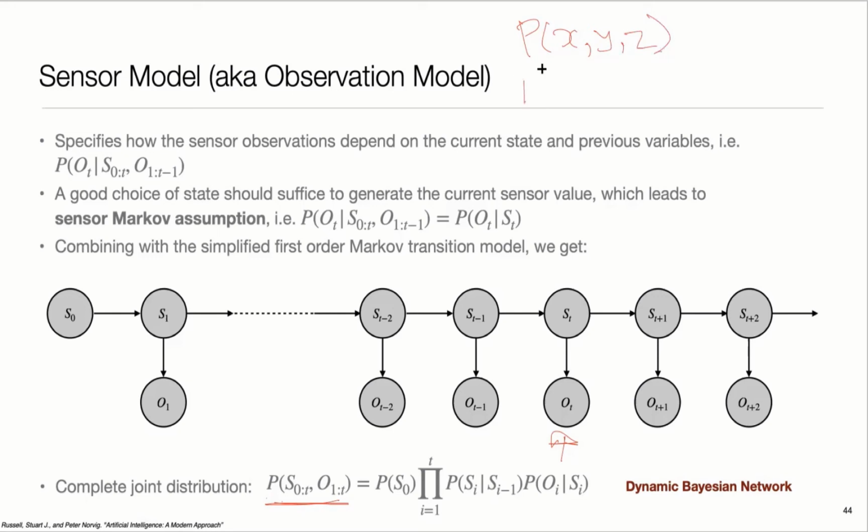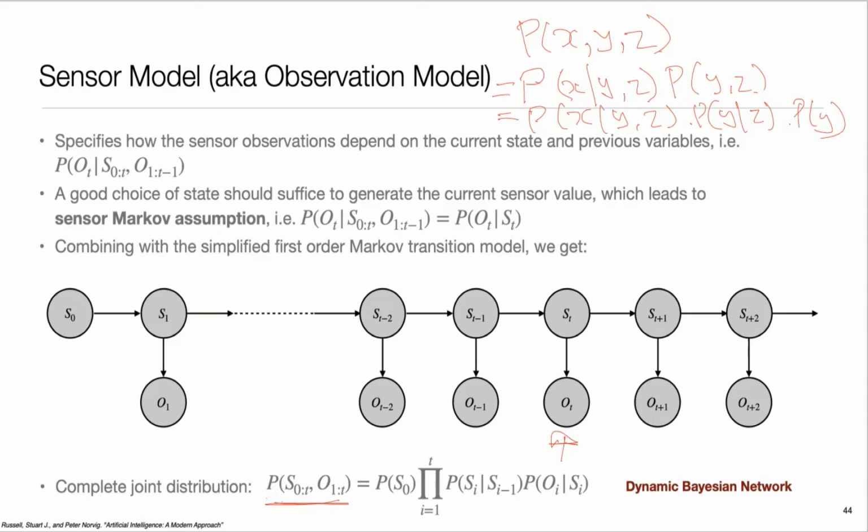I can decompose it into p of x given y, z, times probability of y comma z, and then I can further decompose it into p of x given y comma z times p of y given z times p of y. So I can always do this kind of a decomposition.